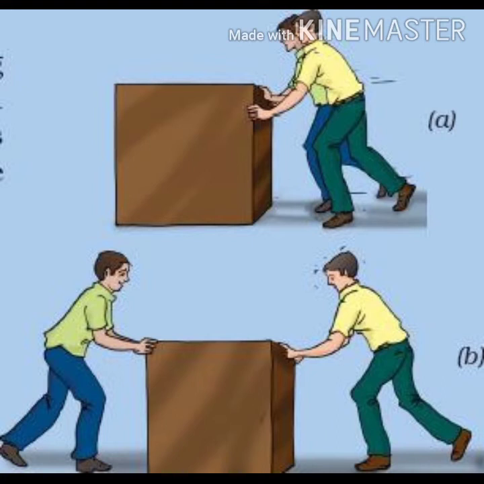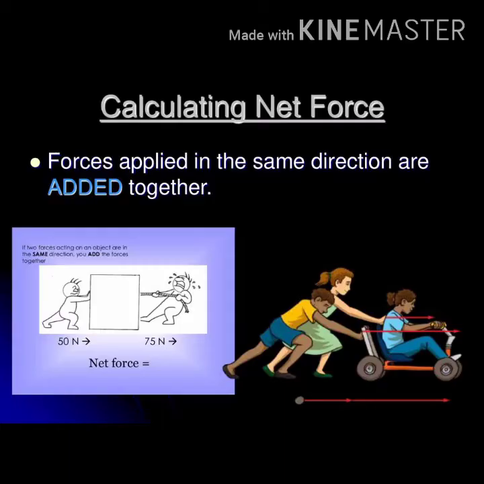What happens to the object? The object remains constant. So I can say that forces applied on an object in the same direction add to one another. When you apply the force in the same direction, the forces will be added.